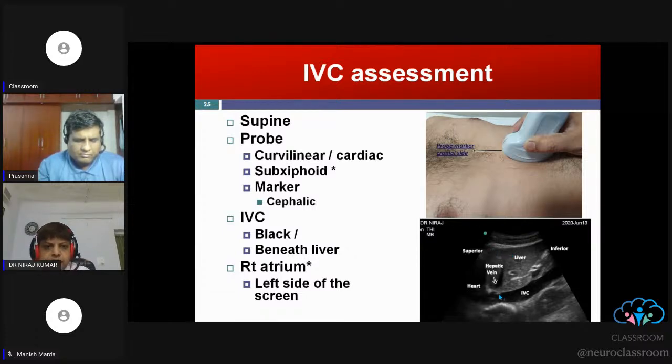You have to remember that. Then you have to differentiate between the IVC and the abdominal aorta. Naturally, the abdominal aorta is more pulsatile and thicker, while the IVC is draining to the heart and is not so pulsatile. If you have any confusion, you can use color Doppler mode also. But the IVC you have to recognize.